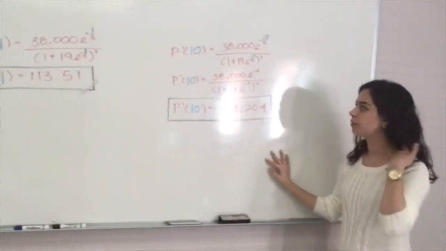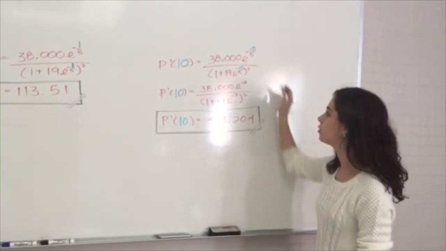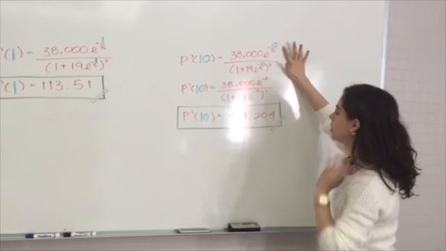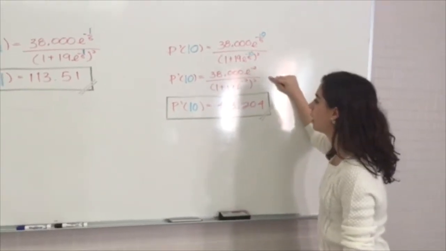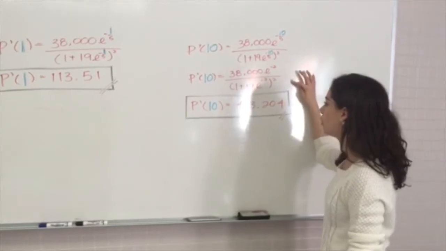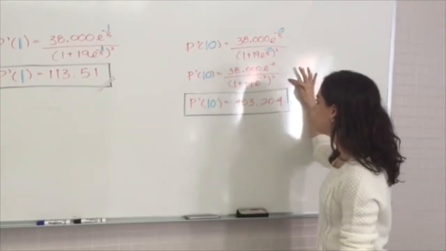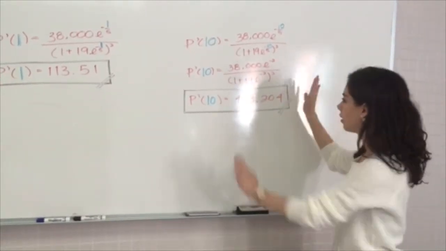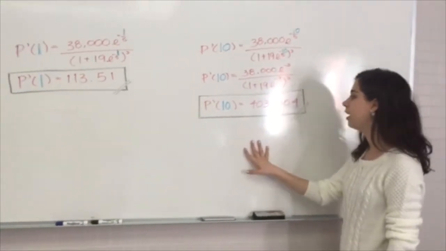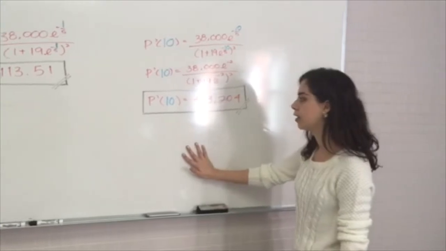And for the 10 month ratio, we're going to substitute the same as we did with number 1, but with 10, to get 38,000 e to the negative 2 over 1 plus 19e to the negative 2, everything squared, and we'll get 403.204 for the 10 month ratio.